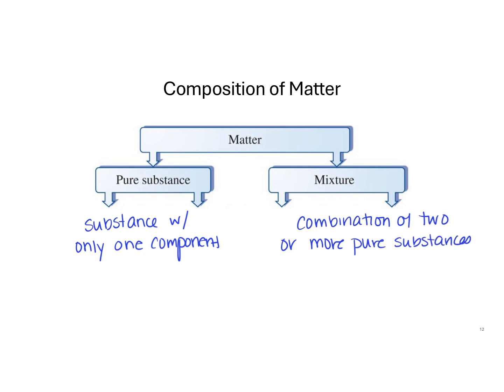Each will retain its own identity, not undergoing a chemical reaction. You'll hear a definition a lot of times of a pure substance. It's not my favorite, but it's worth mentioning, that these can't be broken down any further by physical means.